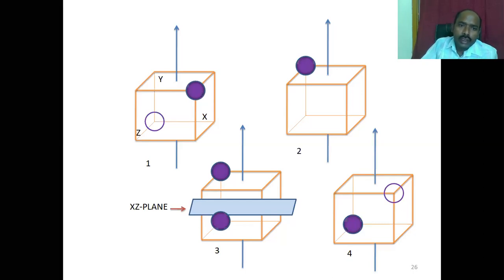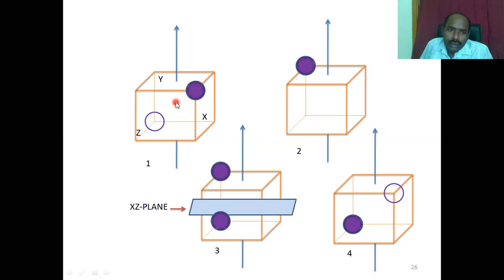There exist lattice points at all corners, but for reference I am taking only this point. Our inversion center, the point of symmetry, exists at the center point of the cube.